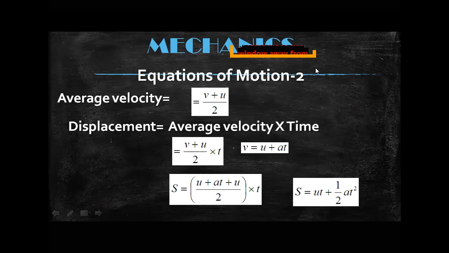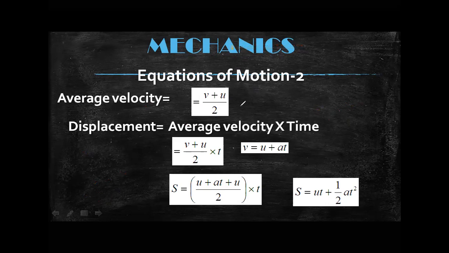Now coming to the second equation of motion. How did we get this second equation of motion? For this, you must know about average velocity. We already discussed average velocity and instantaneous velocity.